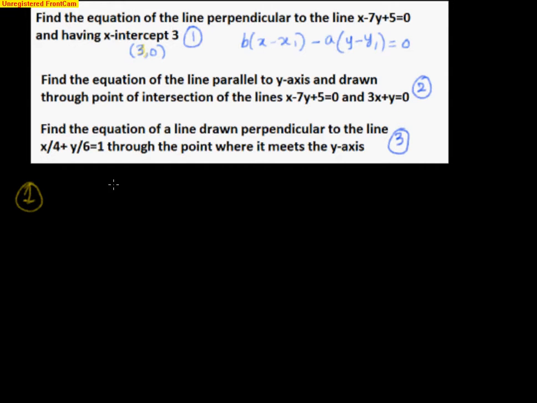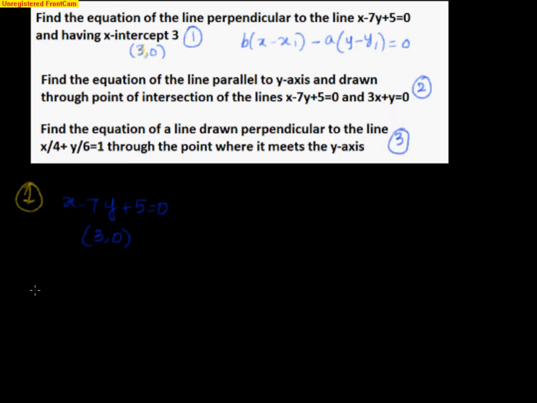So for x minus 7y plus 5, what is the equation? The equation is x minus 7y plus 5 equal to 0, and the point given to us is 3, 0.